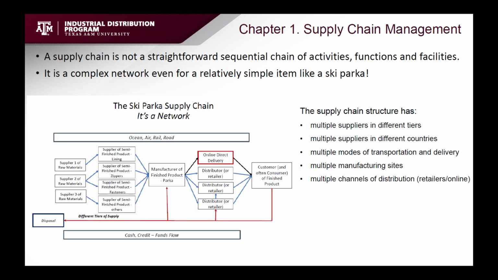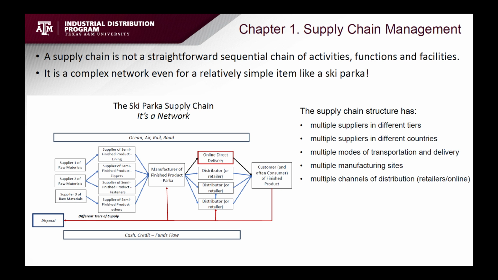Now, here's where the textbook makes a really important point. The word chain, it's a little misleading. I mean, a chain implies a straight line, one link after another, but in reality, supply chains are networks. So look at the diagram.